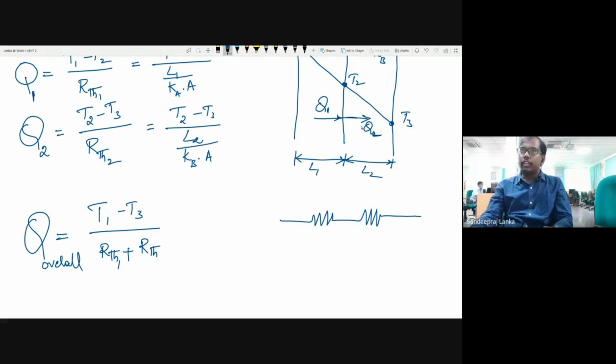For any problem of this kind, you draw the circuit diagram, and then you represent things here.